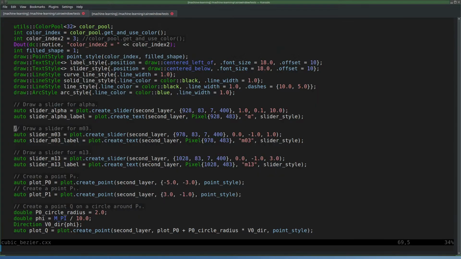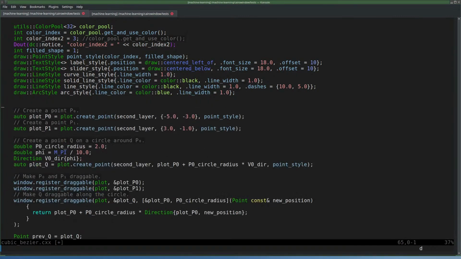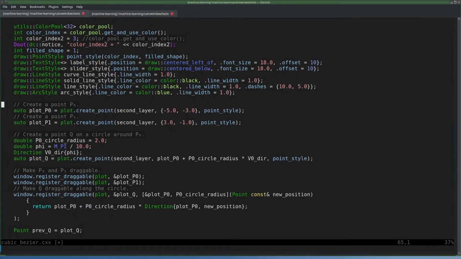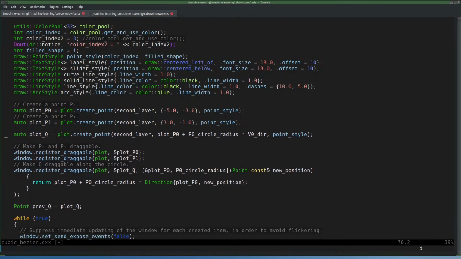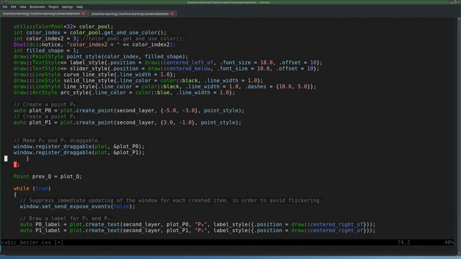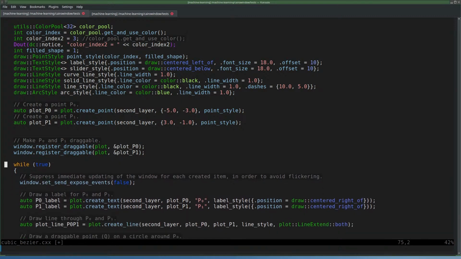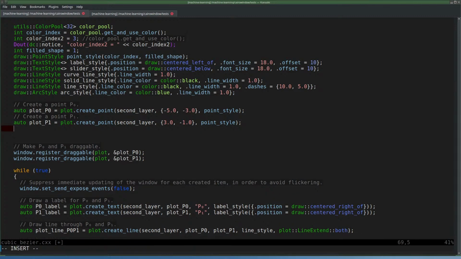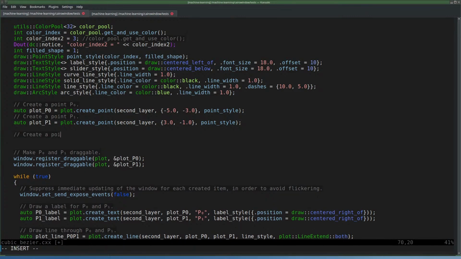So I don't want to have sliders for alpha. I don't want to have sliders at all. No sliders. We have draggable points, P0 and P1. Now I want to add... I don't even need a circle really around them. I'm just going to add 2 more points. Yeah, there's no Q. Going to call it D0.